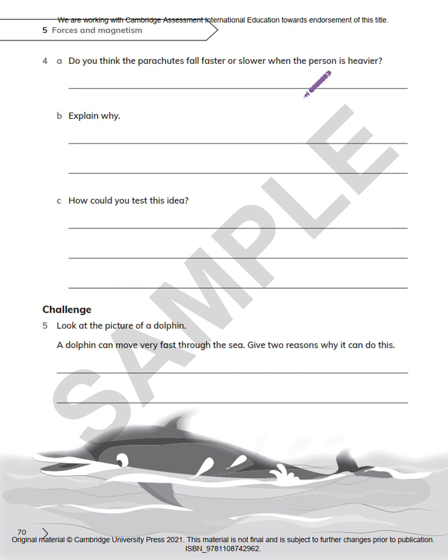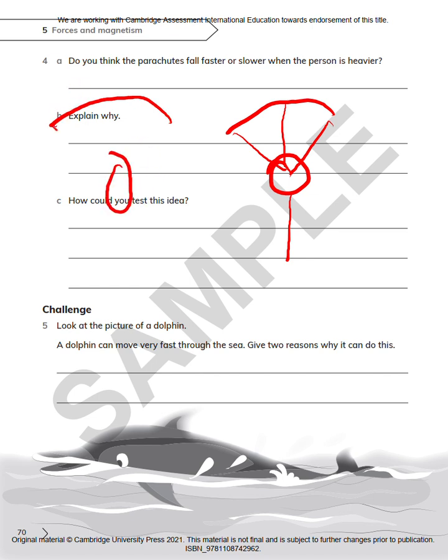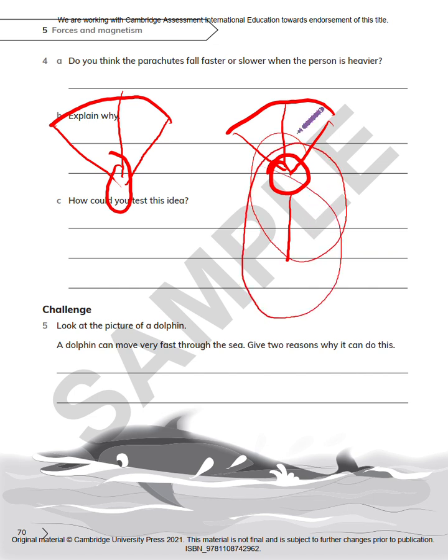It's like putting a parachute on a balloon, compared to a parachute tied to something like a bag. Well, in that case, I think the parachute with the balloon will fall slower because the balloon is lighter than the bag.